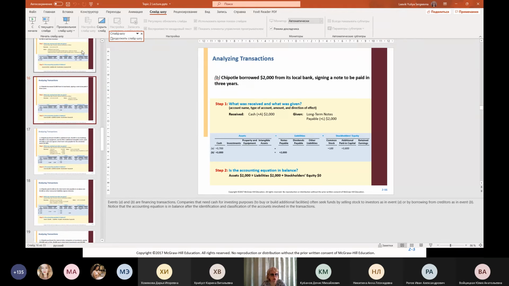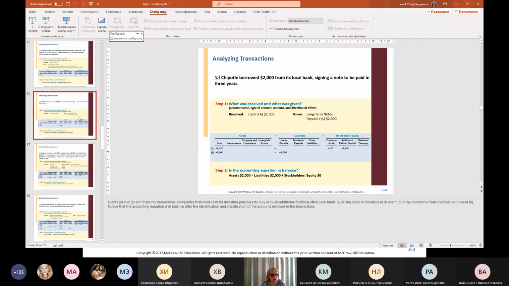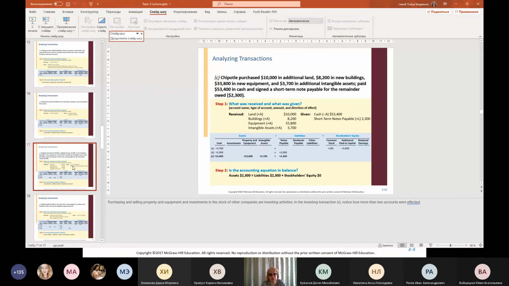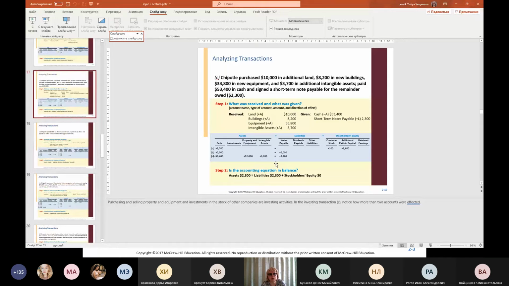The first one, of course, is about issuance of shares, then transaction analysis, then all other activities, and also you can find these transactions and the description of these transactions in the textbook.